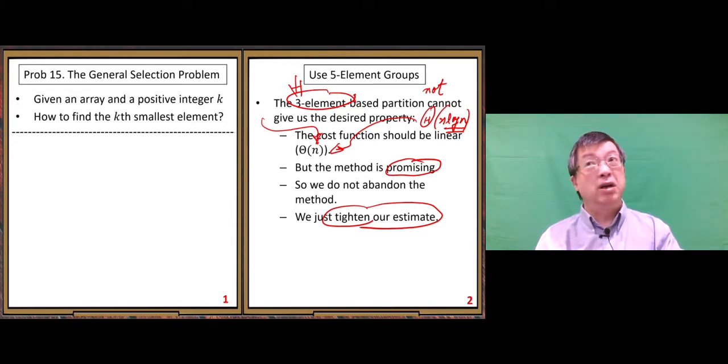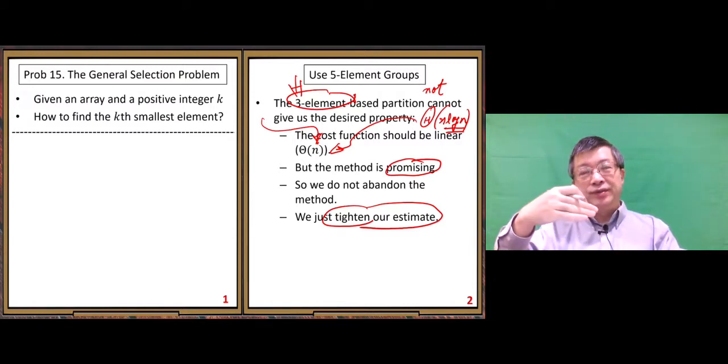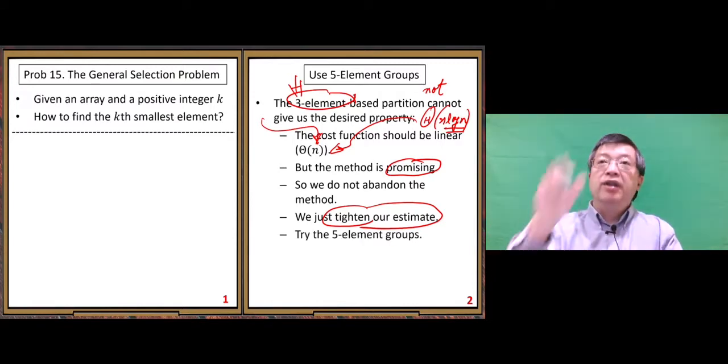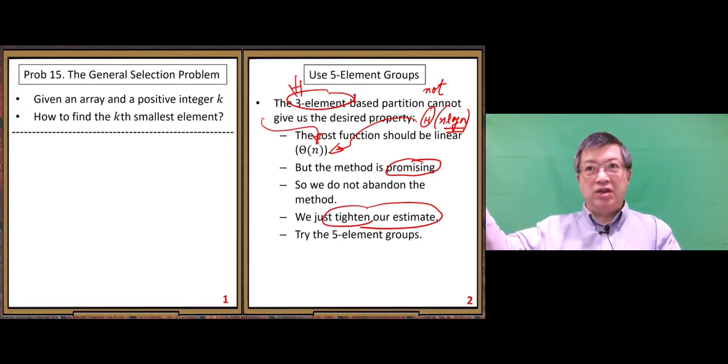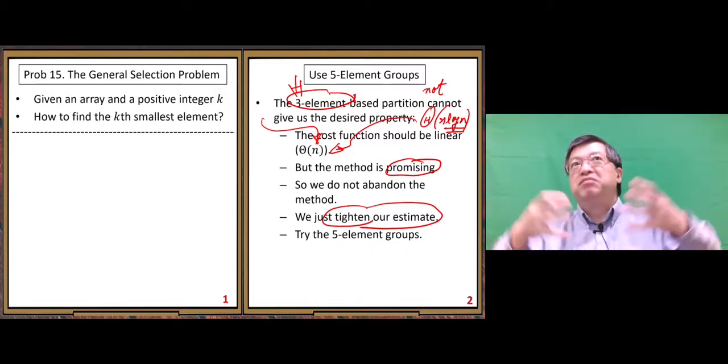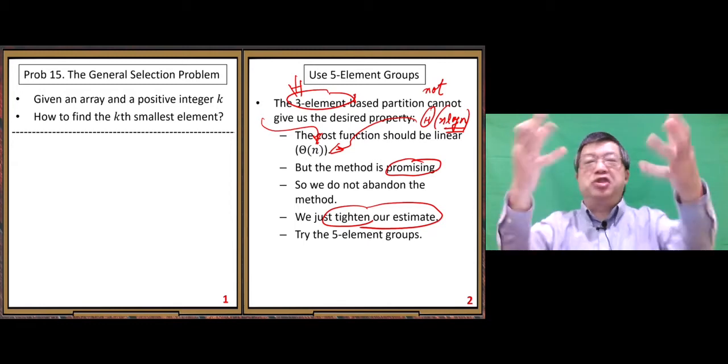Although it's simple, if it does not work, you should use a different partition, right? That's the natural reasoning. So as a conclusion, based on this analysis, we want to try the 5-element based partition. It is a little harder, but we hope it can really tighten the estimate.